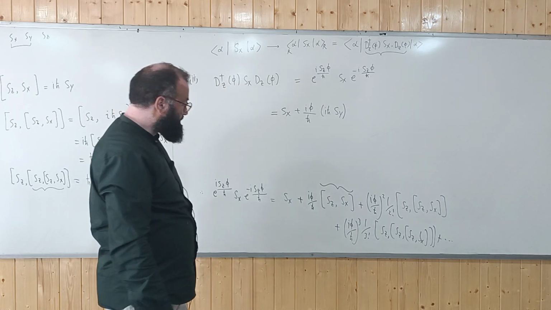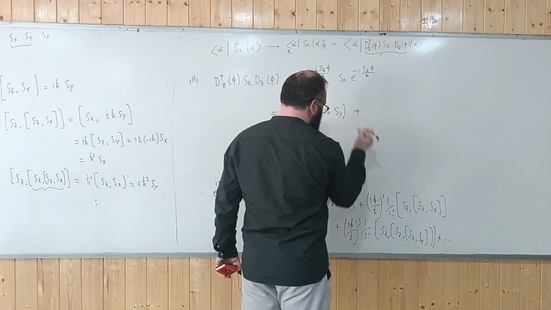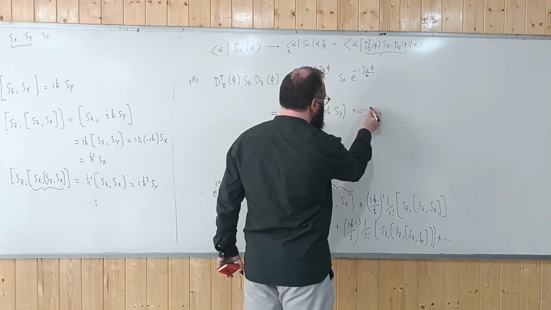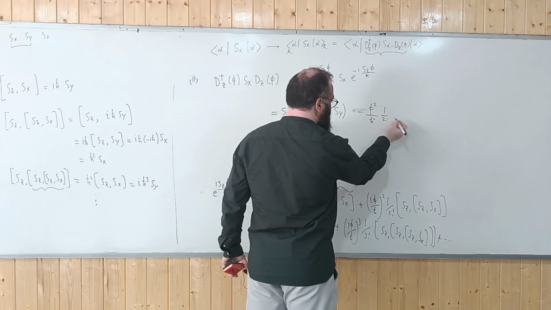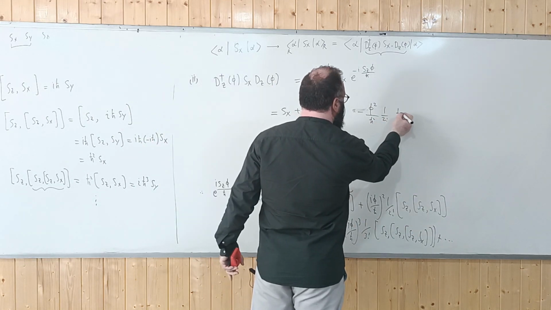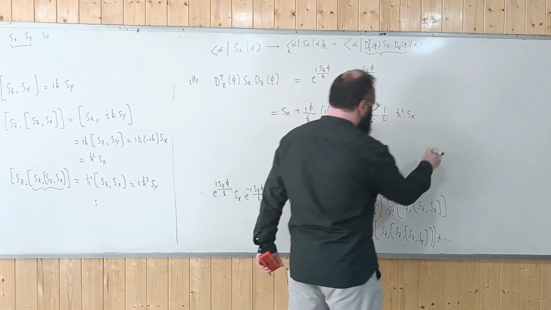Is it clear? Now, what do you have here? Plus i phi, i squared, so it is minus. So it is simply minus phi square by h cross square, 1 by 2 factorial. What is the value of this commutator? h cross square Sx. Clear? Got it? Now, what is the next?